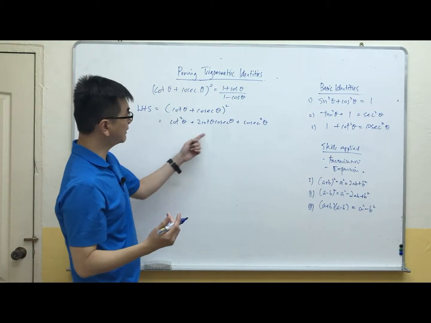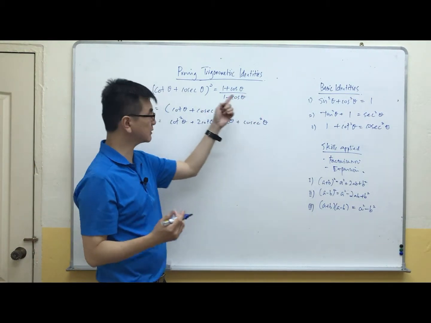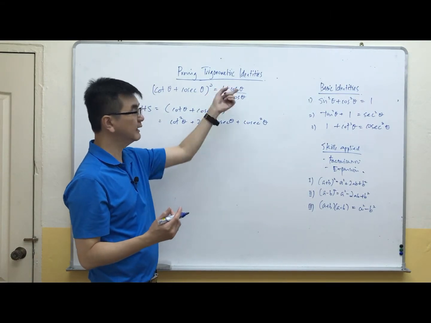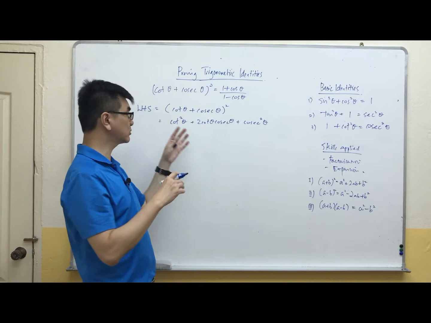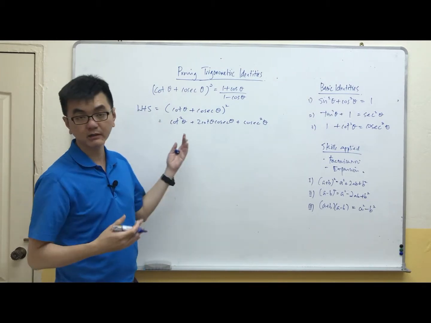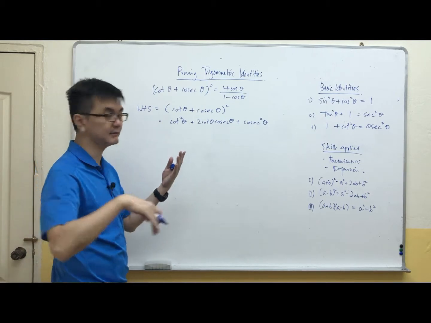If you look at our target, our target consists of just the constant and cosine, so there's no cotangent involved. So I'm going to find a way to transform my cotangent into cosine and sine.